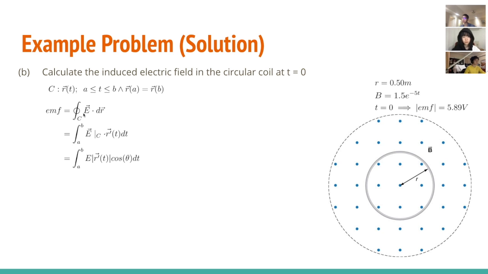We can also pull E out of the integral. Then we get E times the integral from a to b of the speed of the curve, which is just the arc length of the curve, the circumference of the coil, 2 pi r.